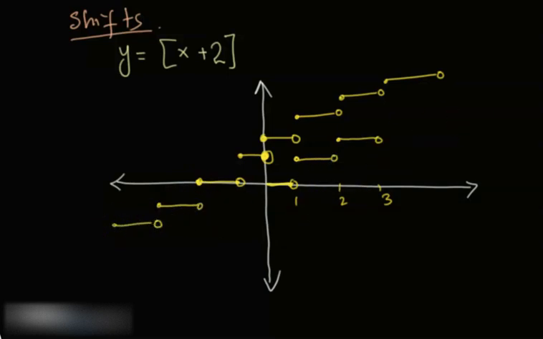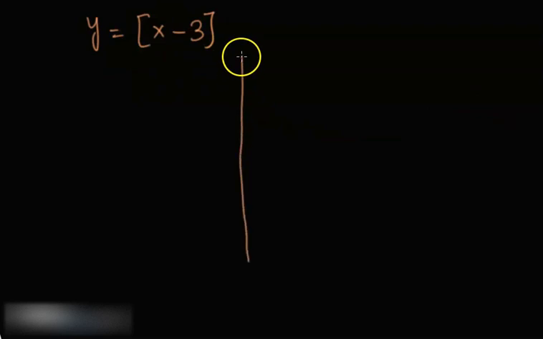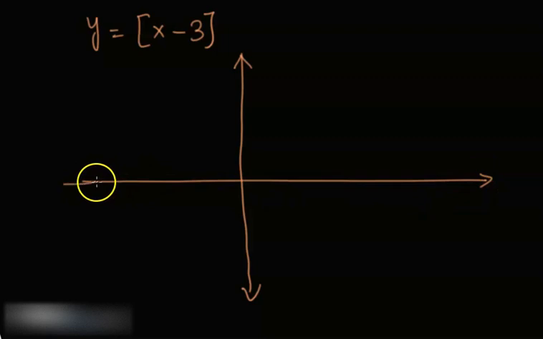So this yellow version is the graph of this function, which is 2 units shifted towards left to the original parent function. Now similarly, we can consider y equal to the greatest integer of x minus 3. So what we will do, we will move 3 units towards the right.